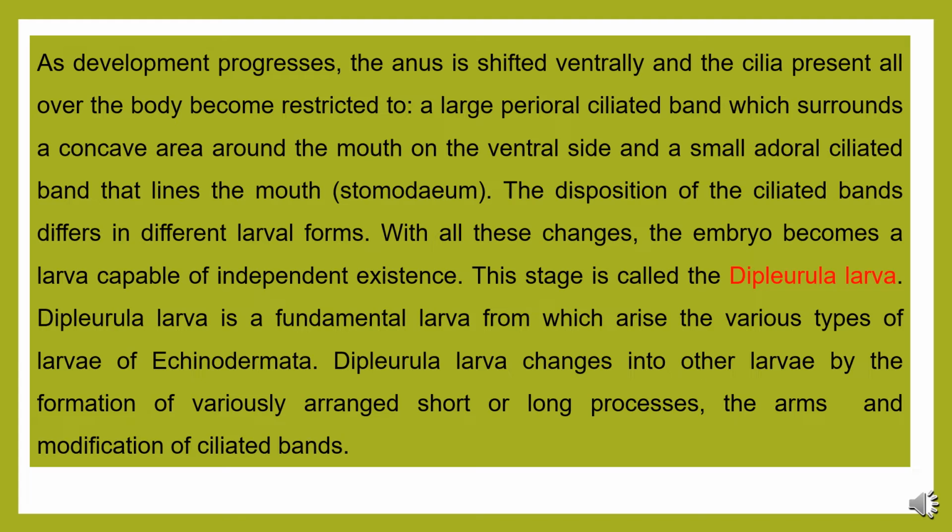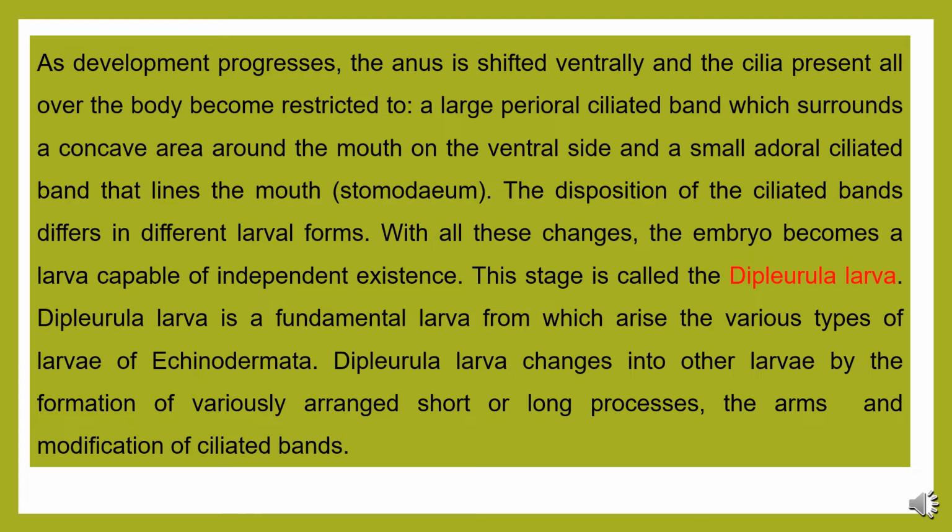The disposition of the ciliated bands differs in different larval forms. With all these changes, the embryo becomes a larva capable of independent existence. This stage is called the dipleurula larva.